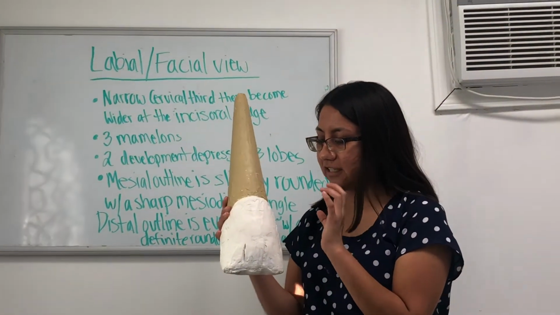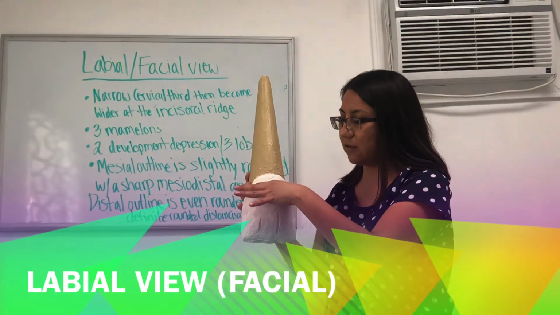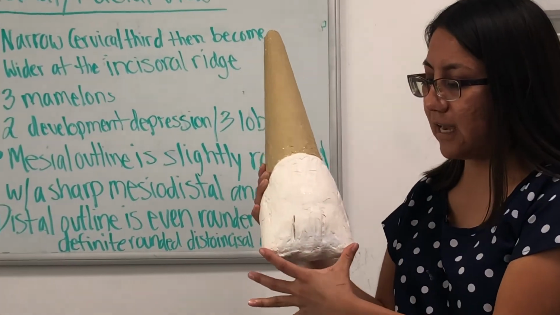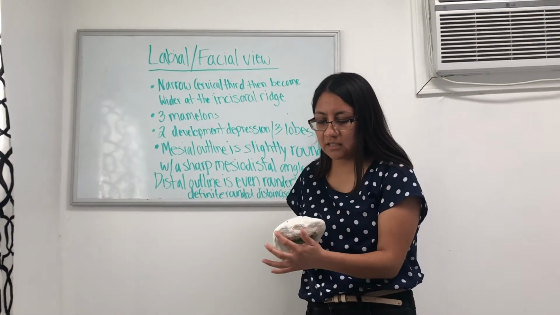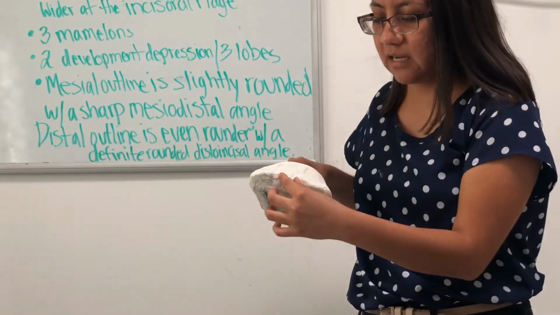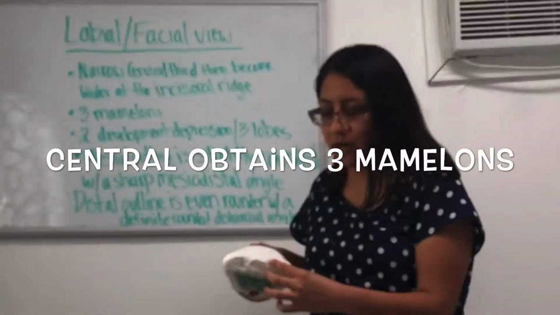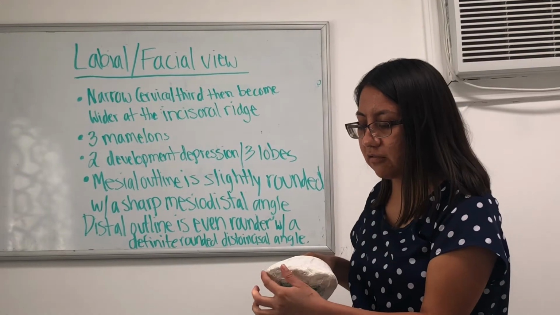Looking at the tooth from the facial view, you can see that it is narrow starting from the cervical third and starts to get wider as it reaches the incisor ridges. At the incisor ridges, you can see 3 round bumpy edges. These 3 round bumpy edges are called mamelons, and they are formed when the enamel fuses together as the tooth is forming.